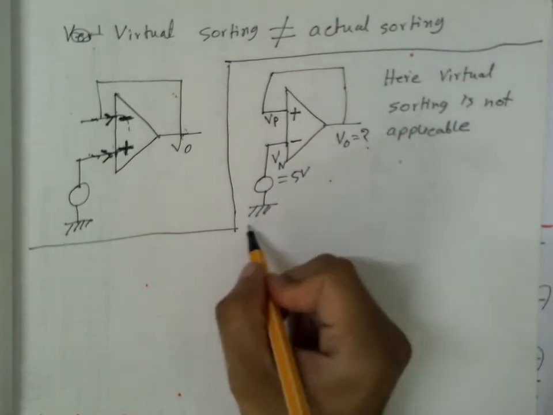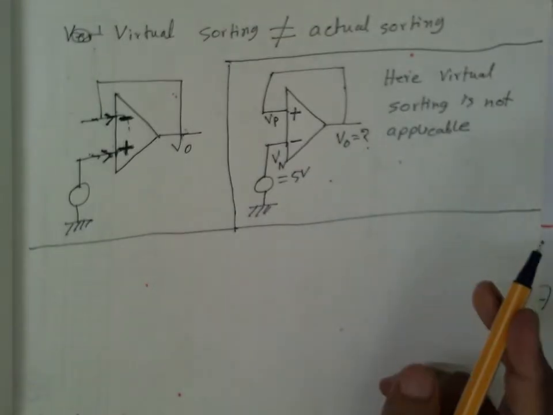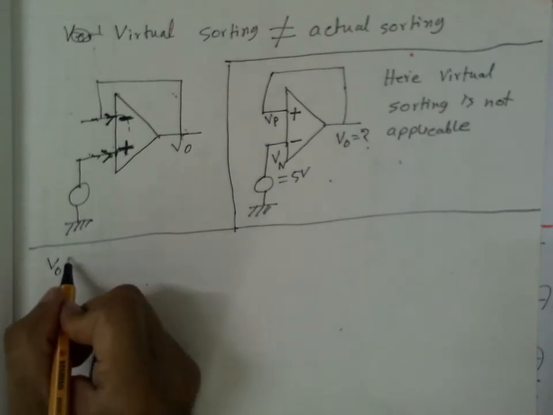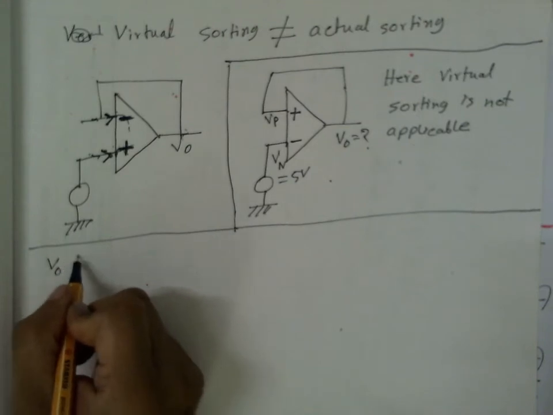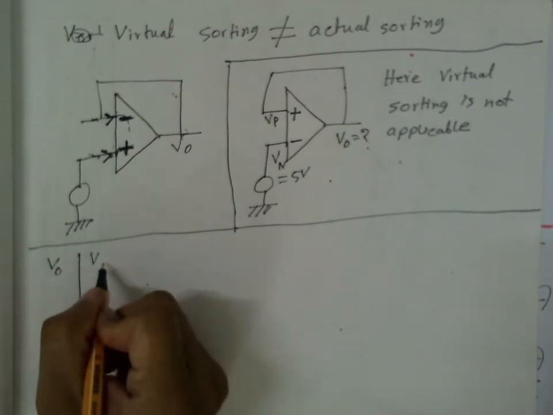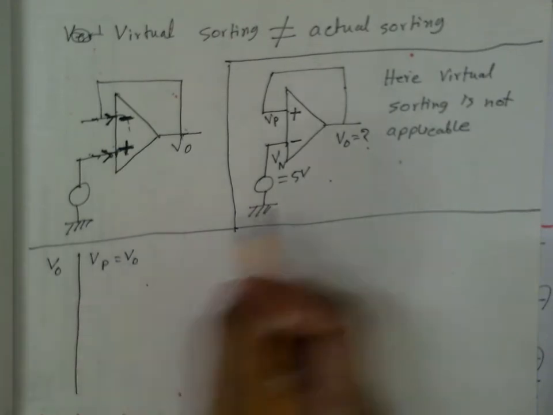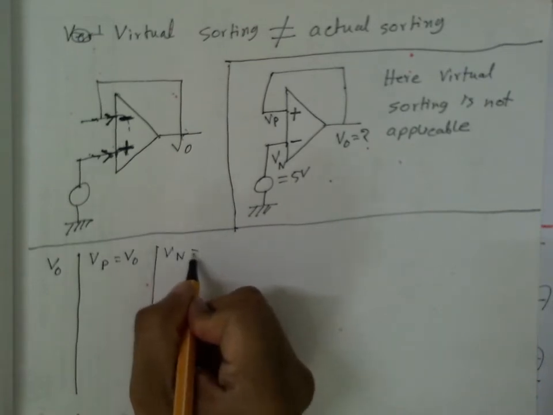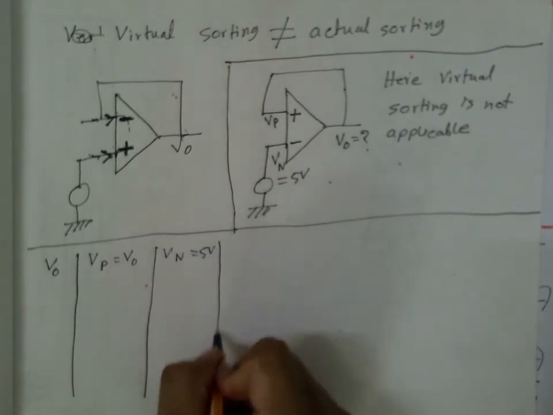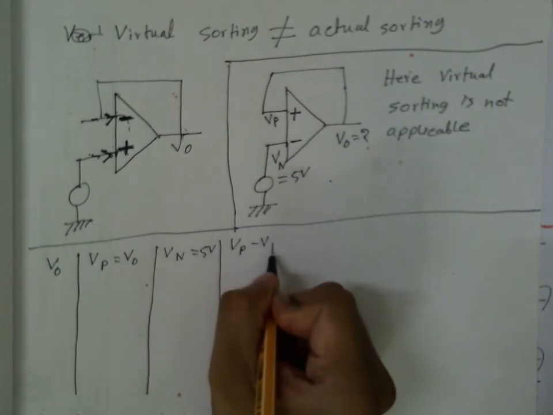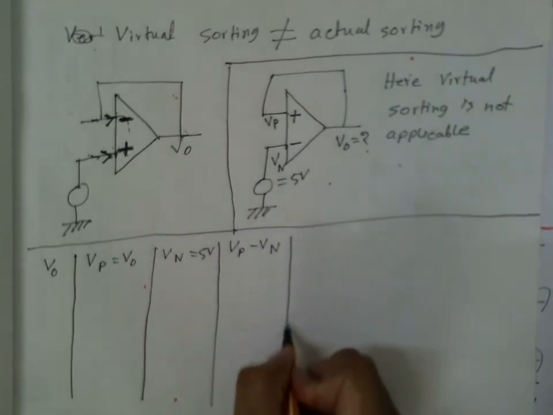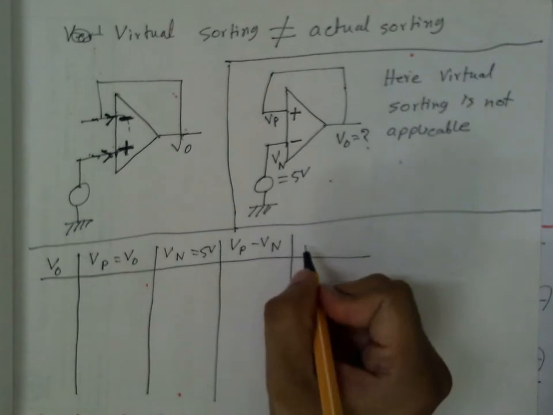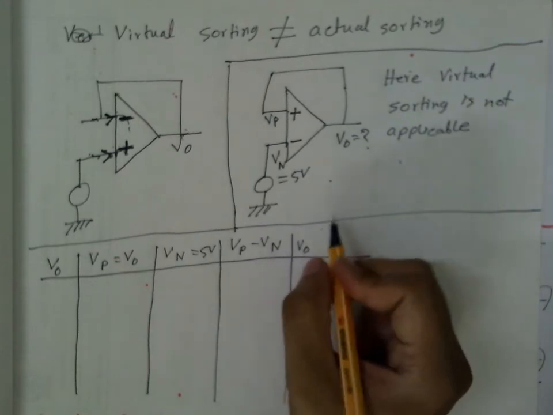Vn is given. Now we will again make guesses and find out what the solution is. So we will guess the value of Vo, and then the value of Vp, which will be equal to Vo definitely, and then Vn is a constant equal to 5 volt. Then we'll find the difference Vp minus Vn, right? And then from the static characteristic curve, we will observe the value of VO.